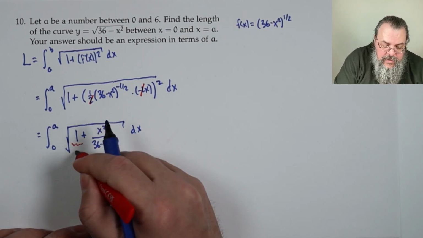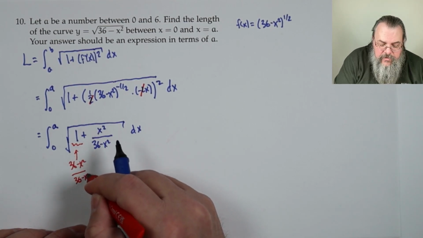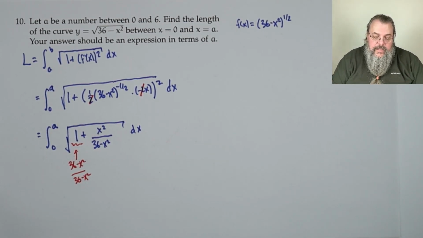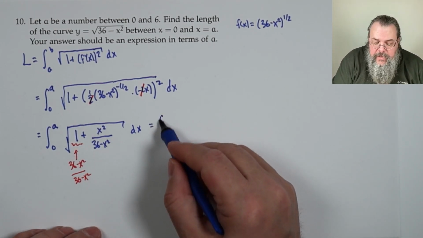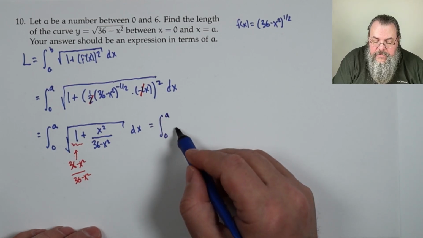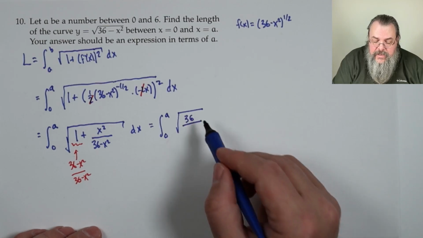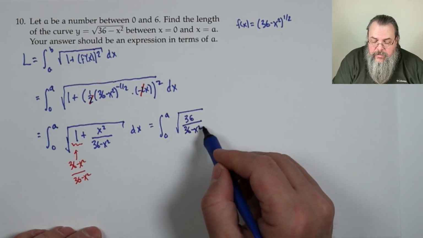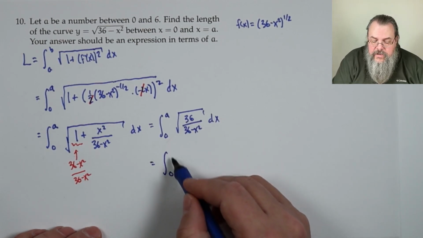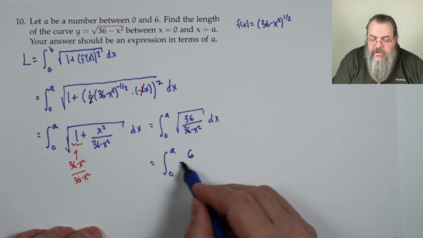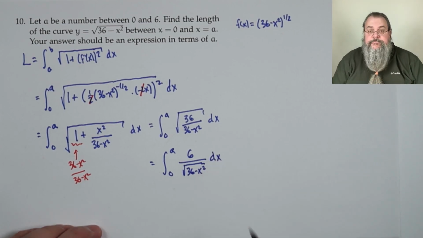This is going to become 36 minus x squared over 36 minus x squared. All right, so if we get common denominator and add, well, what do we have? This is the integral 0 to a of the square root. The x squareds are going to cancel, so we'll have 36 upstairs, and then we'll have our 36 minus x squared downstairs, dx. So it's the integral 0 up to a of 6 over the square root of 36 minus x squared dx.